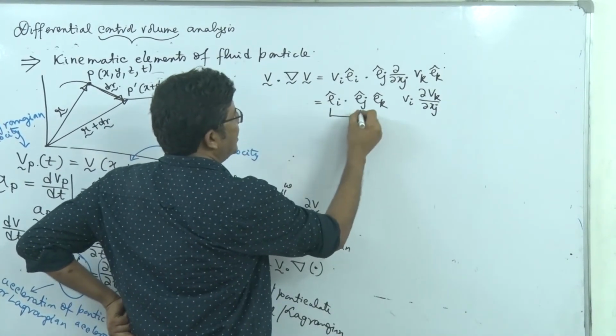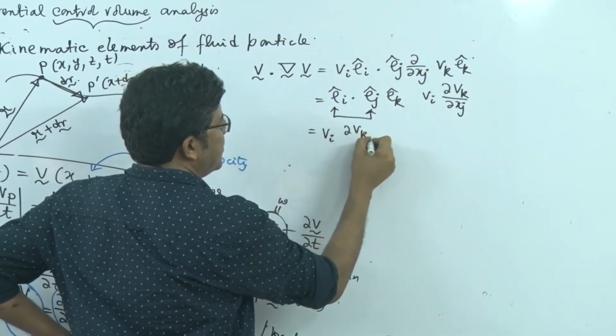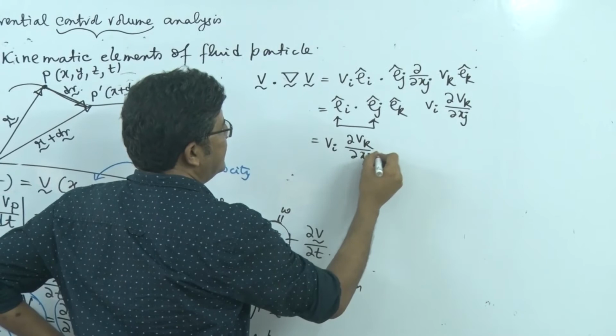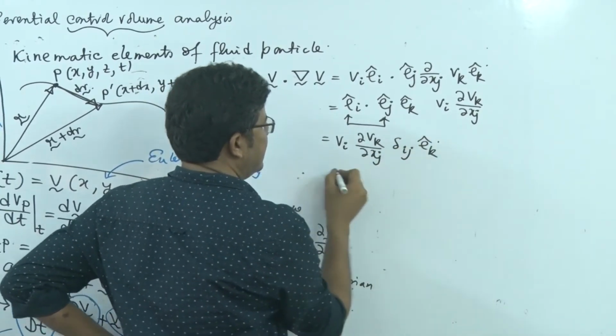Now these two will undergo dot product, so you can write vi del vk del xj delta ij into ek.